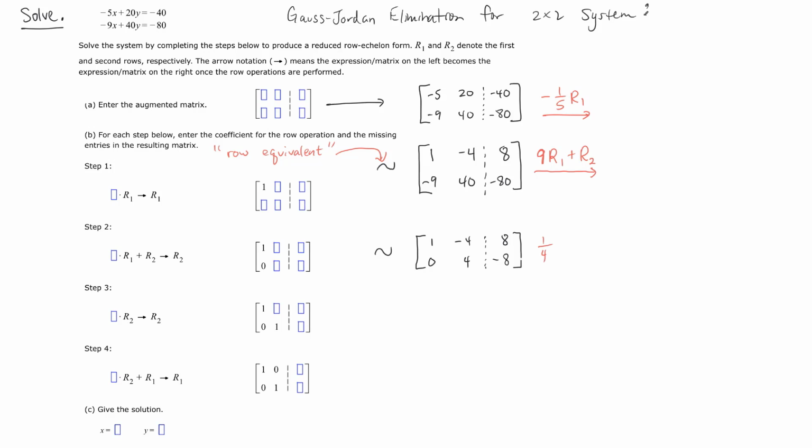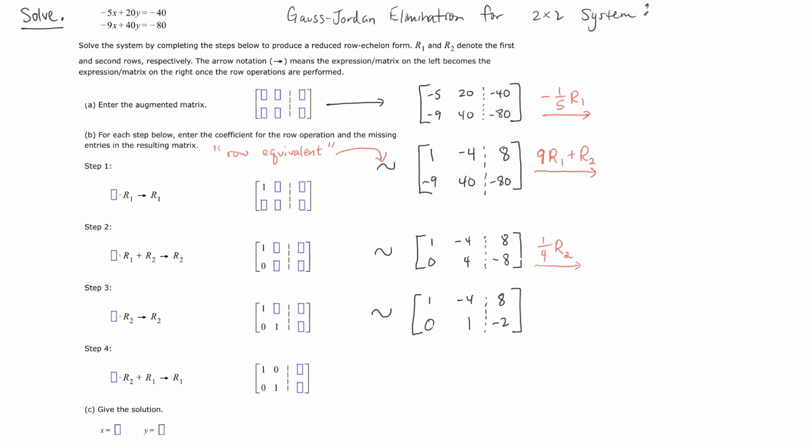Scale it by 1/4. And then we're going to store in row 2. Once again, we write the tilde symbol, row equivalent. Row 1 doesn't change. And we have 0, and we have 1, and we have negative 2.